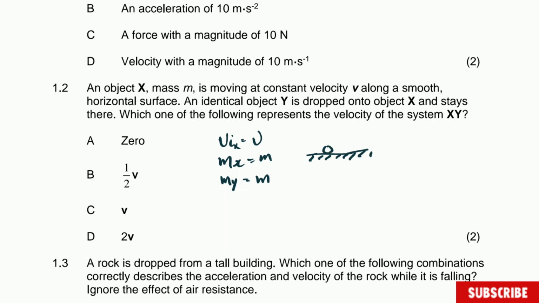The object is moving initially to the right, and another object with the same mass is being dropped down on this one. So it's been dropped. In actual fact, it's going to move down eventually. Okay, so this is what we have now. Even this one is before.